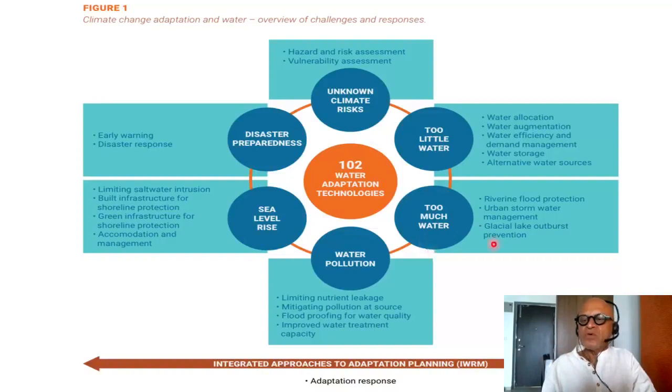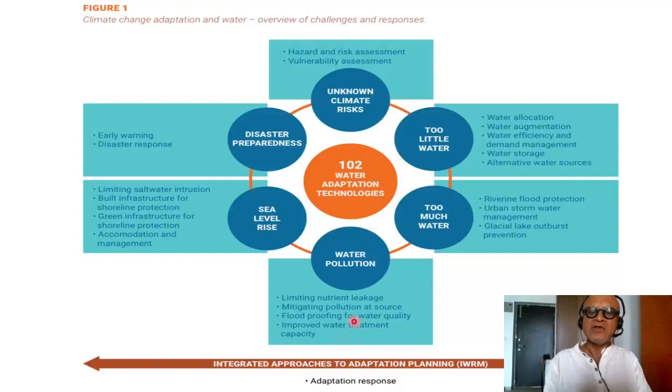Too much water requires riverine flood protection, urban stormwater management, glacial lake outburst prevention, which is not easy, but nonetheless great efforts are being made, because they are somewhat low frequency, high impact events, but the question is whether the frequencies are beginning to go up in terms of glacial lake outbursts with warming. Water pollution, of course, limiting nutrient leakage, mitigating pollution at source, flood proofing of water quality, and improved water treatment capacity.